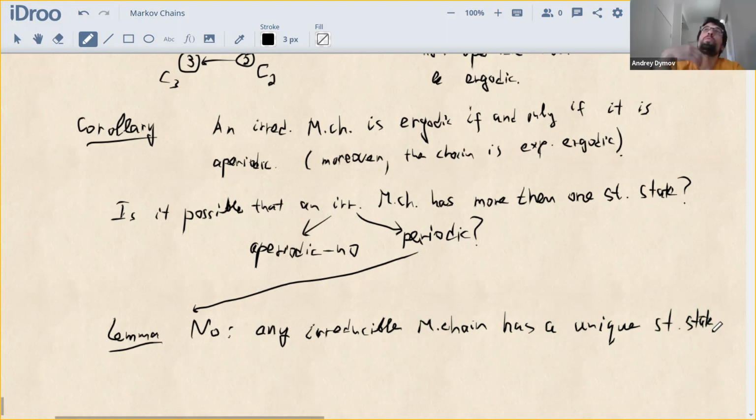So remember, before we have proven that any Markov chain with a finite number of states has a stationary state, but we had many examples when the stationary state is not unique.